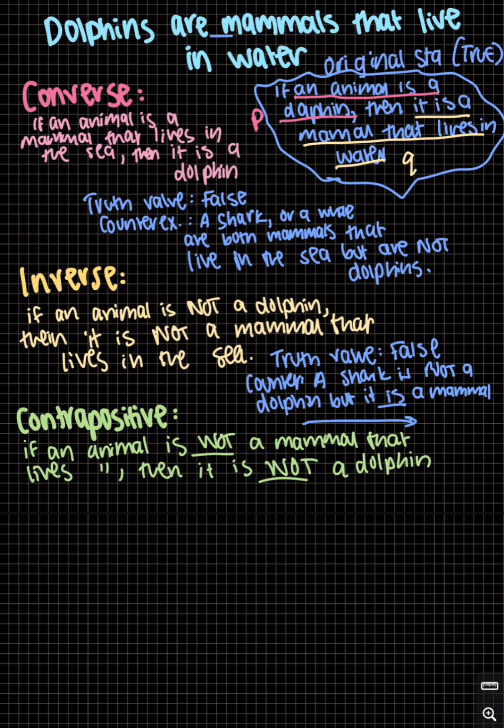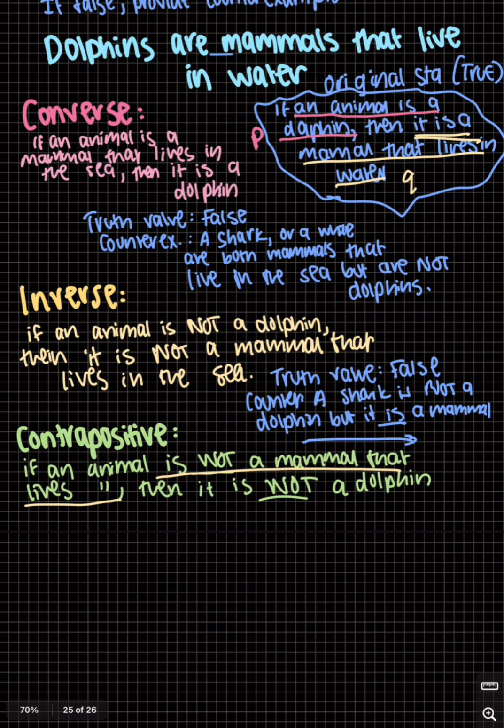Here you can see this is my Q, a mammal that lives in the sea, but I just did the negation of it. I wrote not. And then here, I wrote then it is not a dolphin. That is the negation of my statement P. So I've successfully written my contrapositive statement.